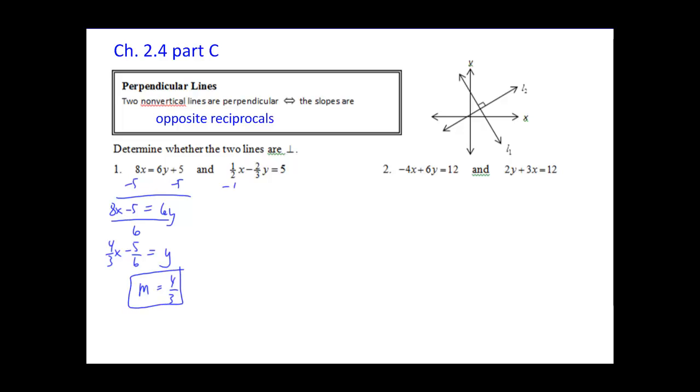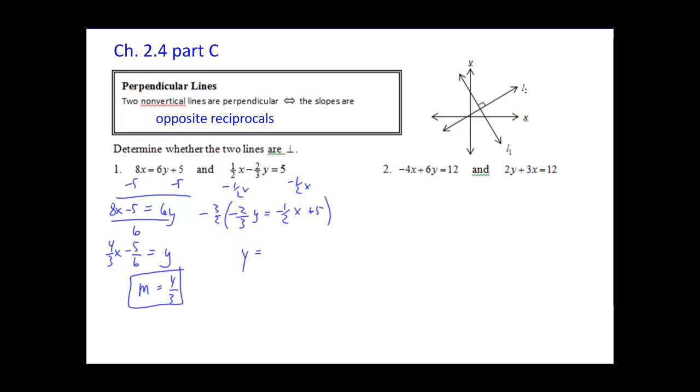Okay. Move the 1/2 over, negative 2/3 y equals negative 1/2 x plus 5. What we need to do is multiply this whole thing by negative 3/2. So the first y, when you distribute, just becomes 1y.